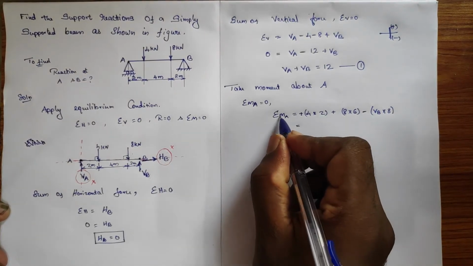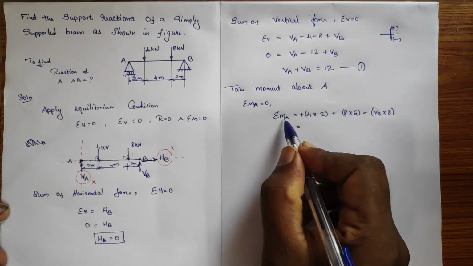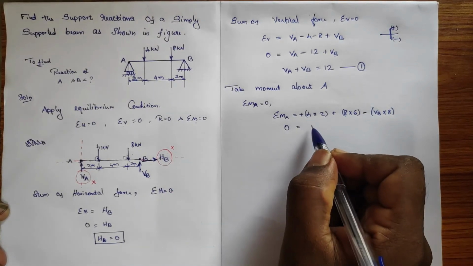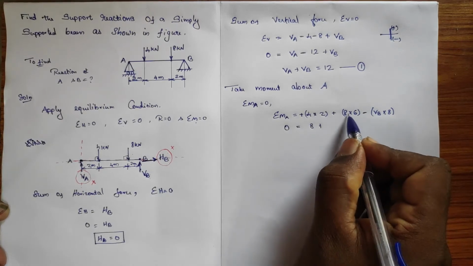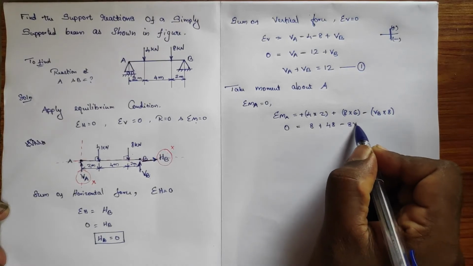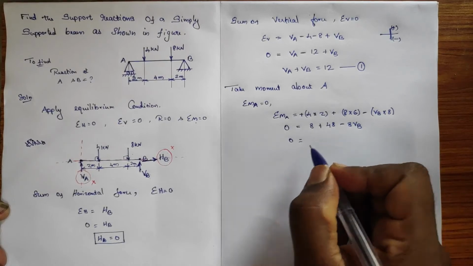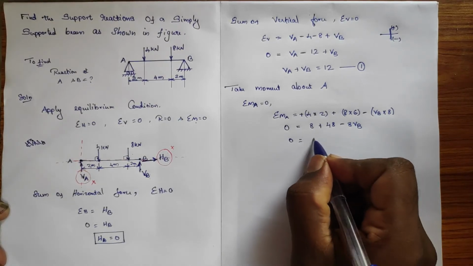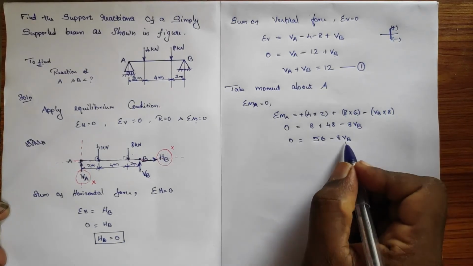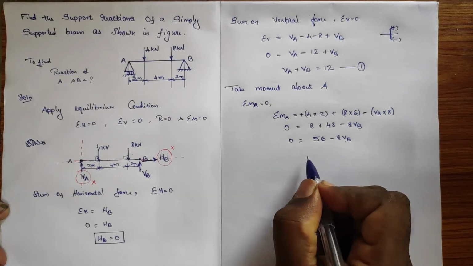So when you simplify it, we are going to apply the equilibrium condition. Sum of moment about A is equal to 0, it's a condition. And then 4 into 2, 8, plus 8 into 6, 48, minus 8 VB. Then again do the simplification, so that when you add it, we get 56 minus 8 VB. Again try to simplify it and find the VB answer.